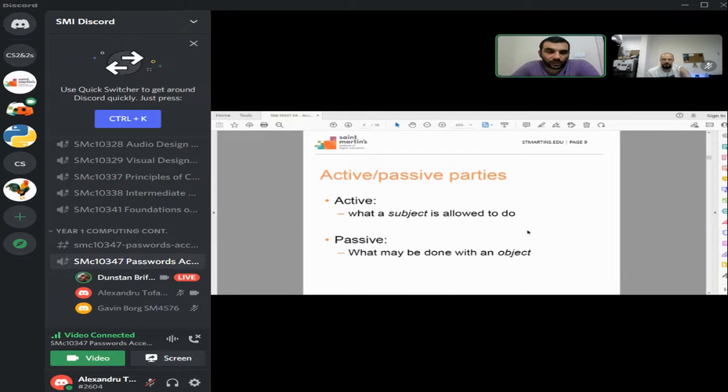This is just in terms of language, which we find also in literature. We can have different ways in which something is addressed. For example, we can see what a subject is allowed to do, or it may be a bit more passive, as in what may be done with an object.